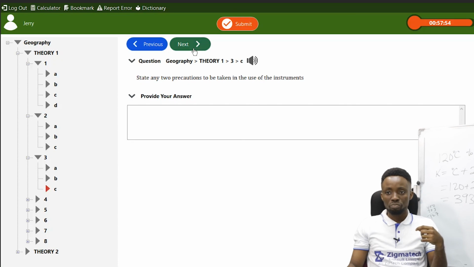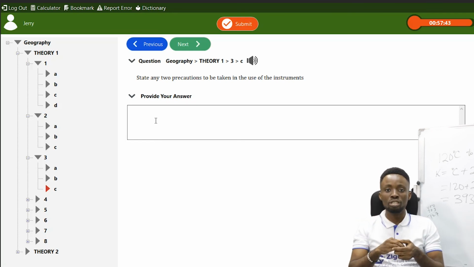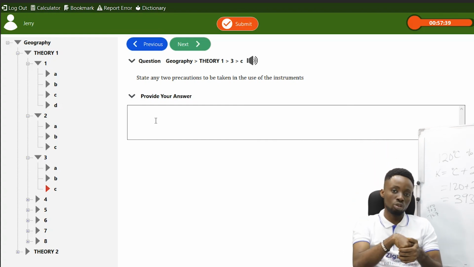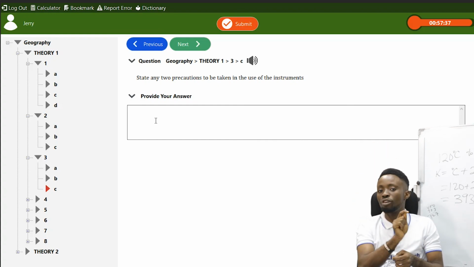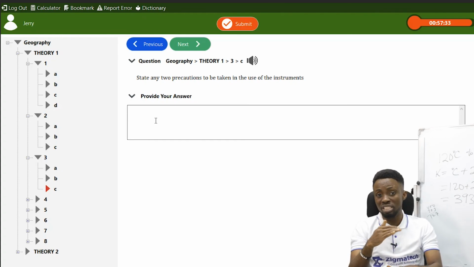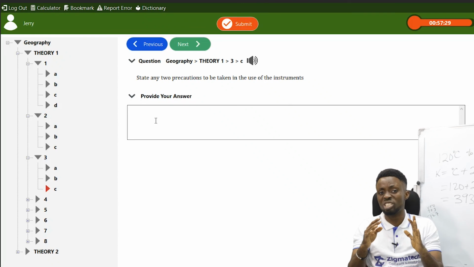So they say state any 2 precautions to be taken in the use of the instrument. So like I said, whenever you're using the rain gauge, you should ensure that water or rain gets into the rain gauge through the funnel only. And also ensure that the funnel is 30 centimeters from the ground level to avoid water splashing.